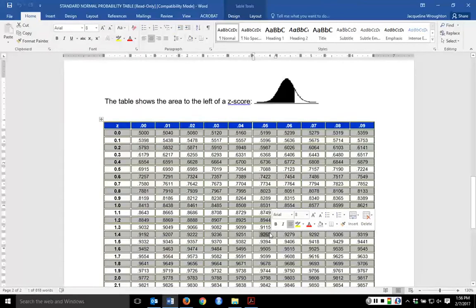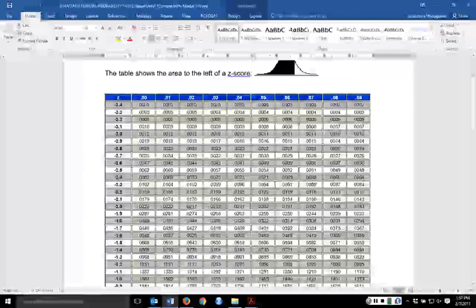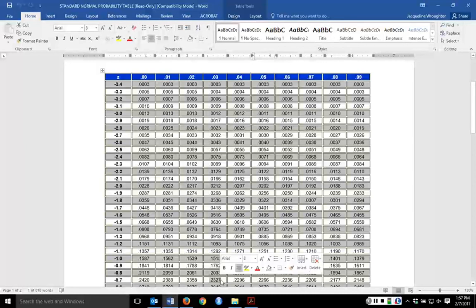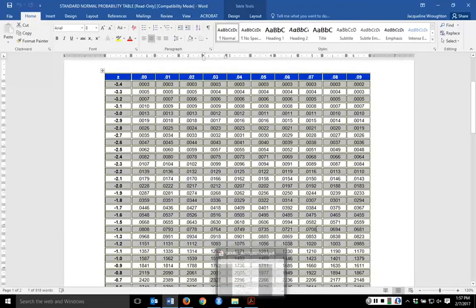So for that number, we're going to get 0.9265. And then also go to the table with our negative 0.73. So here's our negative 0.7 and the 3. So we get 0.2327.